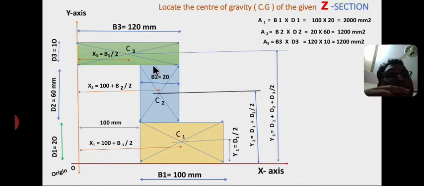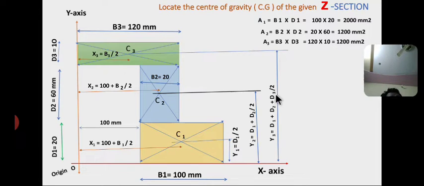There is no gap, so I am taking half of the base. So x3 equals b3 by 2, and y3 equals the height of the bottom rectangle plus the height of the second rectangle plus half of the third rectangle, so d1 plus d2 plus d3 by 2.